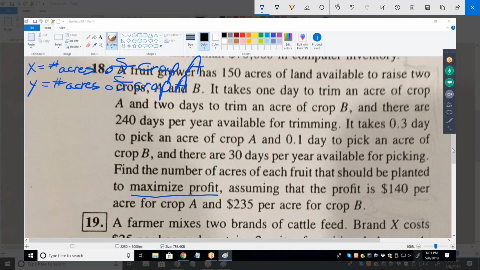They're the number of Pepsis you sell and the number of popcorns you sell, not the price of the Pepsi or the popcorn. So it's very important to spell out that X is the number of acres you're going to plant of crop A and crop B.